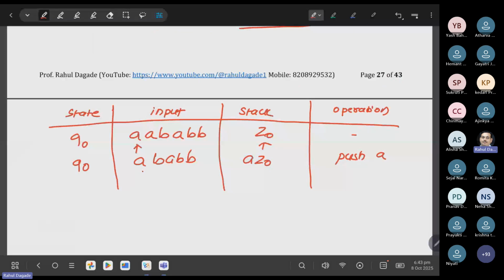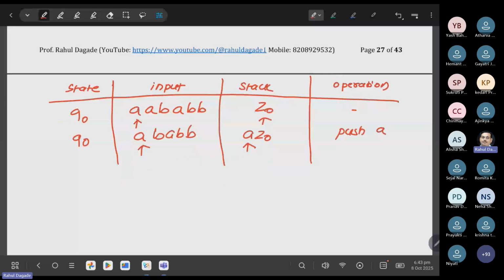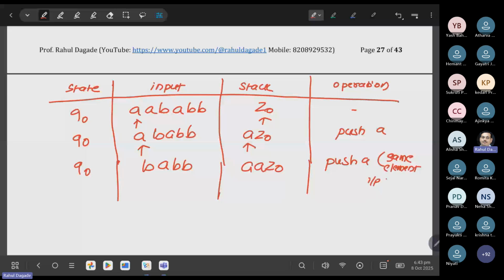So when similar elements are there, we do push. So Q0, A is consumed, remaining input is B, A, B, B. So stack is now A, A, Z0. So again, our operation is push A. Why? Same element, that is input is same as top of stack. Here why push A? Because it is empty stack. That's why we pushed it.